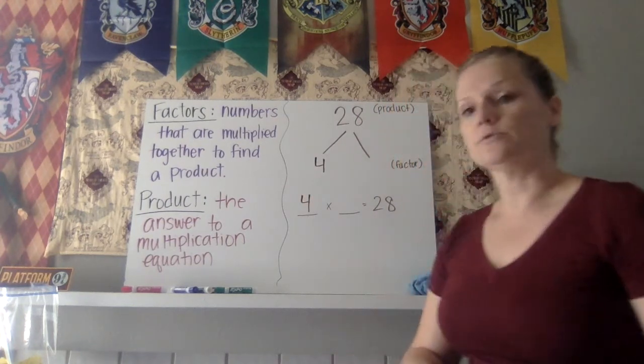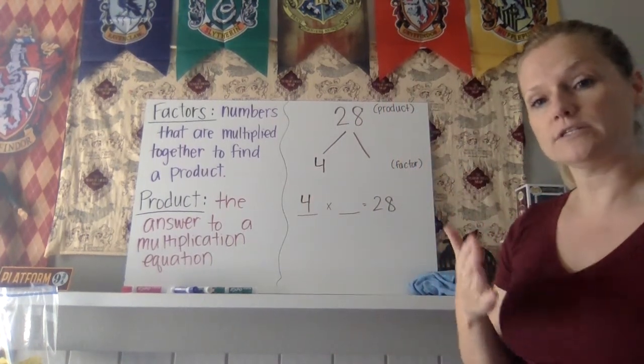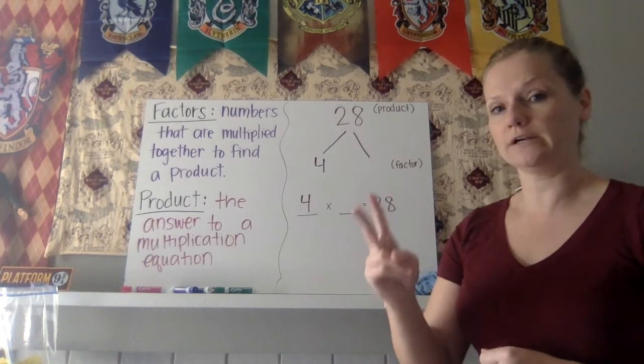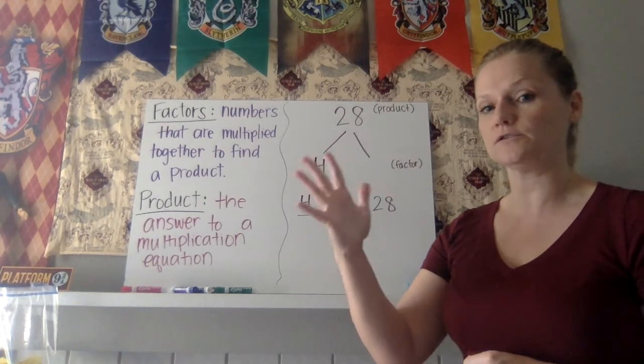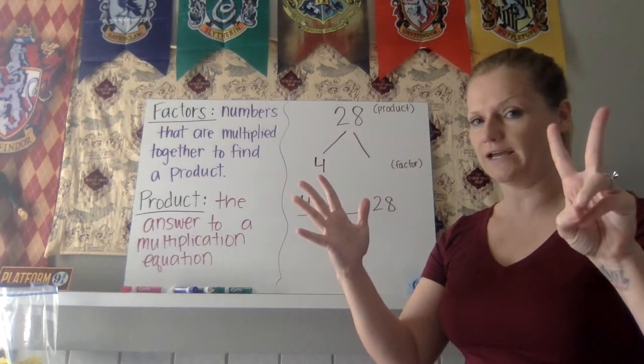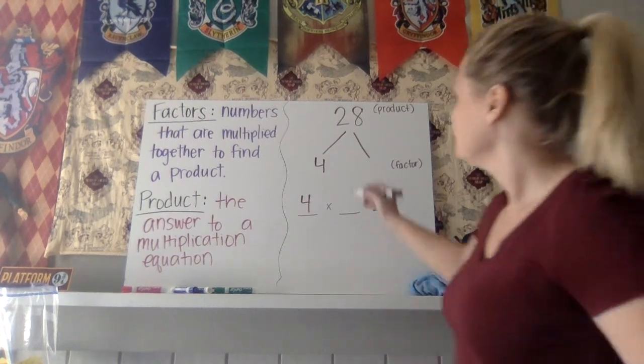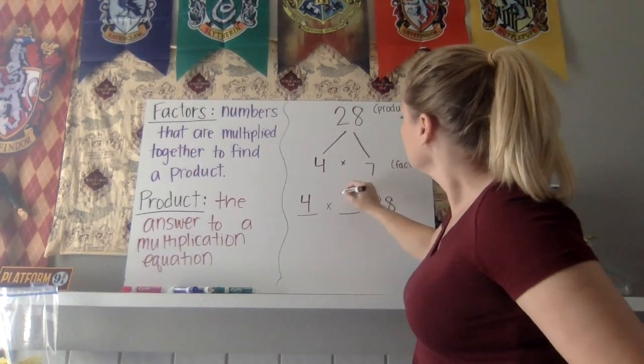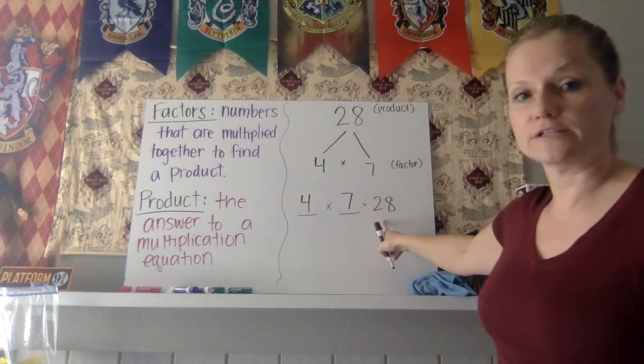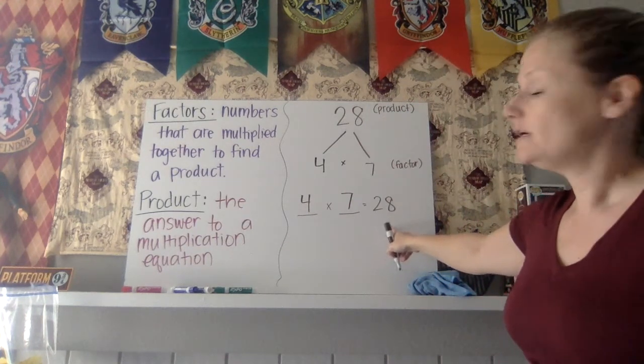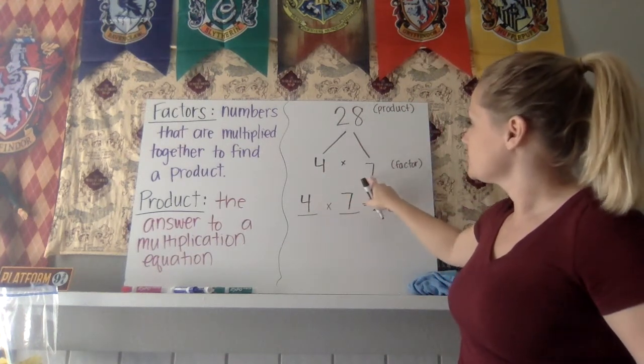Okay? So let's rote count together in our 4s to get to 28. 4, 8, 12, 16, 20, 24, 28. So 4 times 7 is equal to the product of 28. So these are factors of 28.